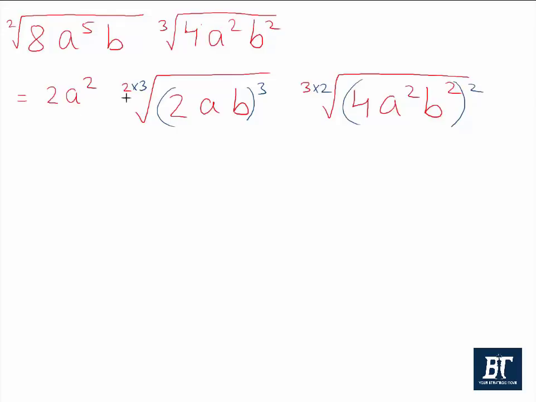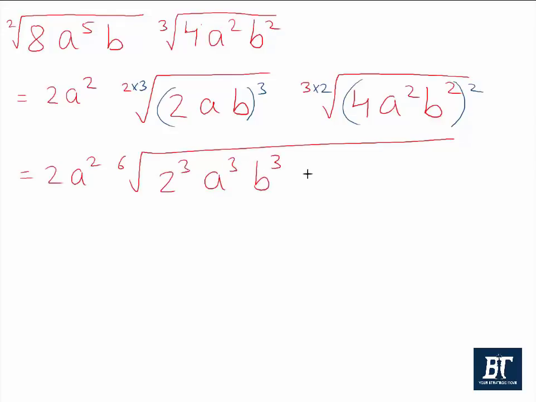And then if you see, the order is 6 and 6, so we can now combine them and write 2a square and then 6th root of 2 cube a cube b cube multiplied by 4 square a to the power 4 b to the power 4.